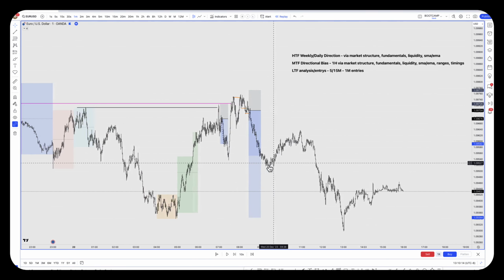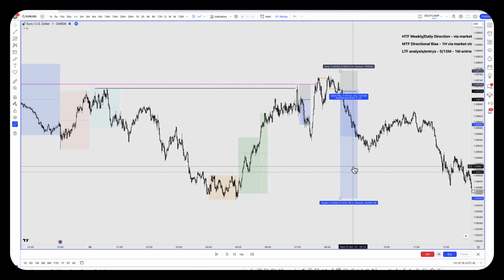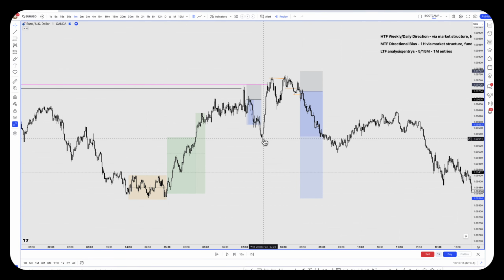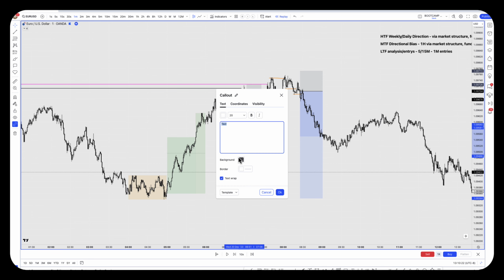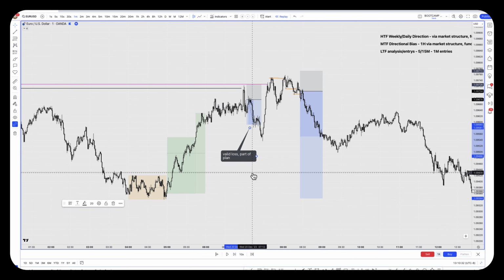So now I would go back and reanalyze: is this a good loss or a bad loss? This is a valid loss, part of the plan. So totally normal, totally part of the plan, so that's not bad.